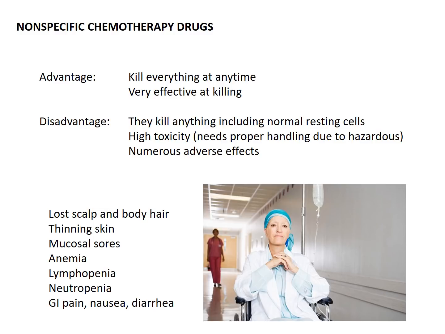And numerous adverse effects. So here's an individual suffering from some type of cancer, receiving some type of nonspecific chemotherapy, losing hair, thinning skin, developing sores on the mucosa, losing blood cells, becoming anemic, losing white blood cells, becoming lymphopenic and neutropenic, developing adverse GI effects, pain, nausea, vomiting, diarrhea, all adverse consequences of this nonspecific chemotherapy doing its mechanism on normal cells.